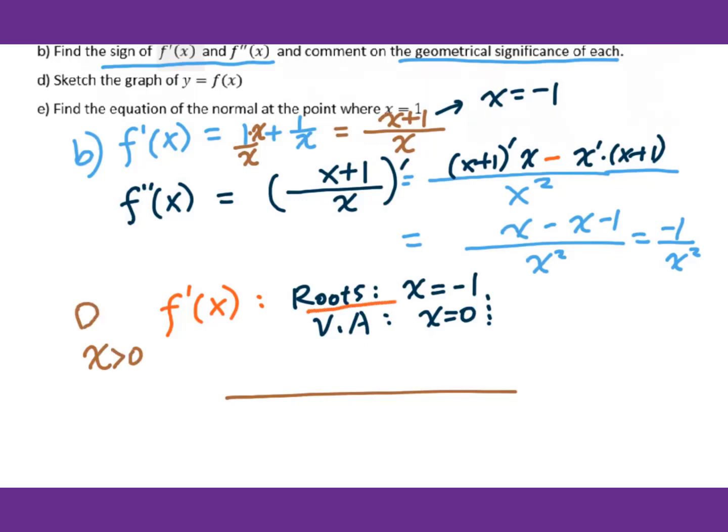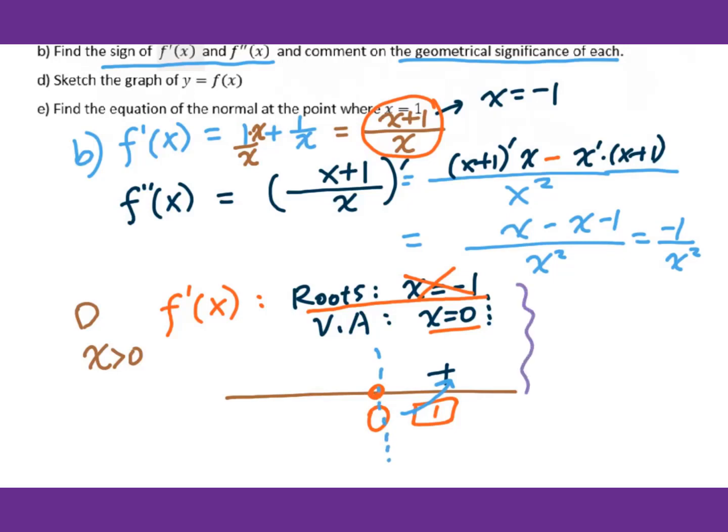Therefore, for the root x equals negative 1, we don't count that. We only draw x equals 0, an open parenthesis. We plug 1 into the first derivative function here. Then that's positive. So the graph is going up. 0 is a vertical asymptote line.